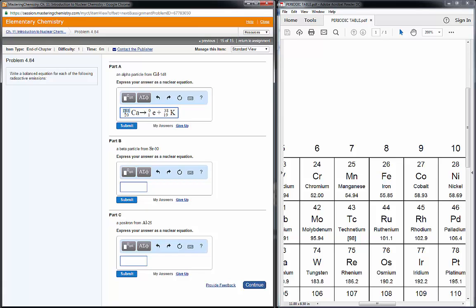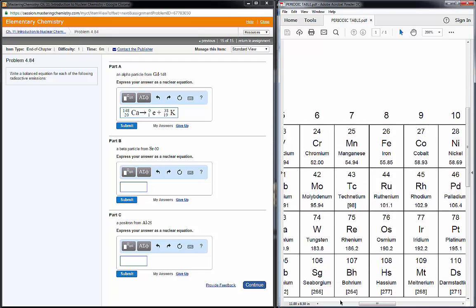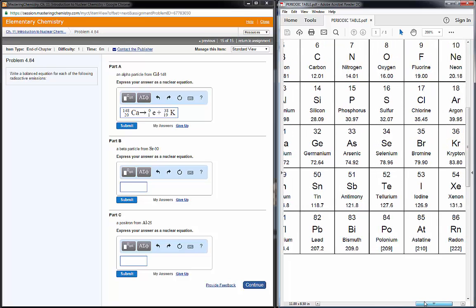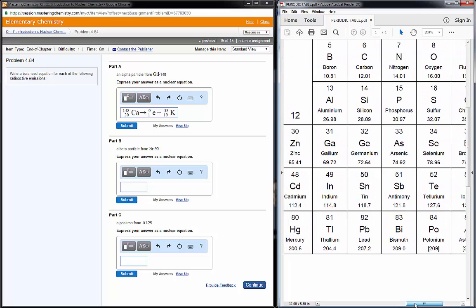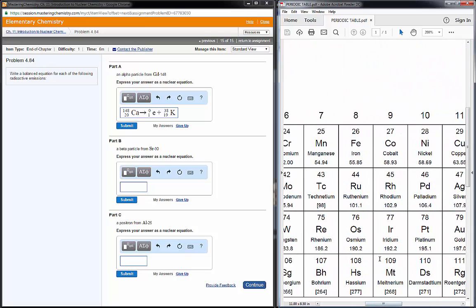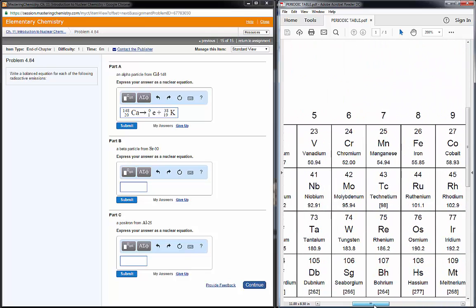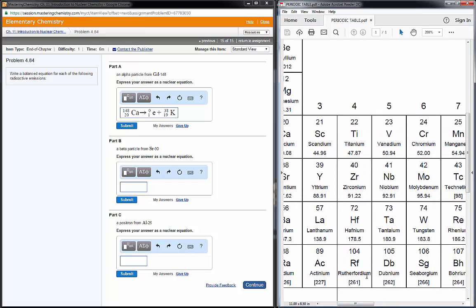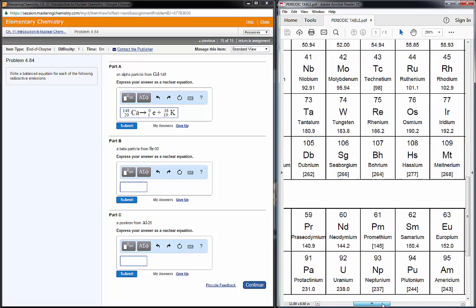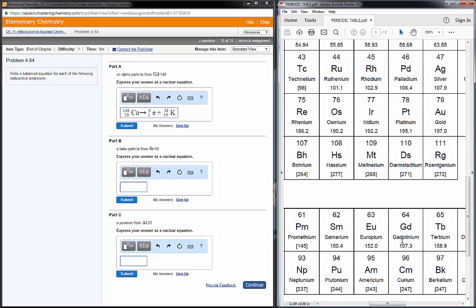Gd 148. Gd is by definition, where are you? There you are.